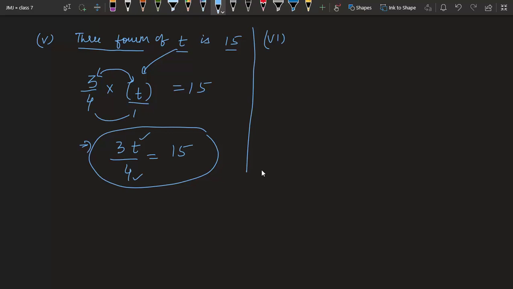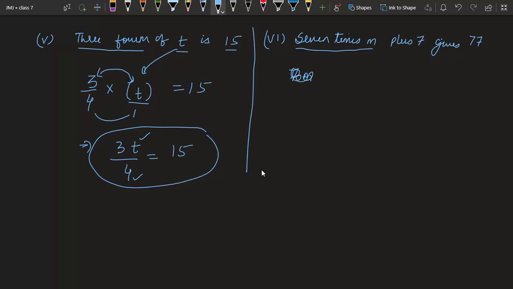Now let's take the sixth part. The sixth part is saying 7 times m plus 7 gives you 77. So first we have to do this process, 7 times of m. 7 times of m means 7m.